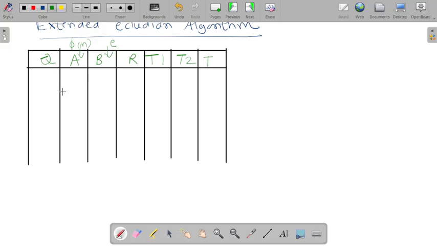So the value of phi of n is 96 and the value of B is 7. Initially the values of T1 and T2 will be 0 and 1 respectively.